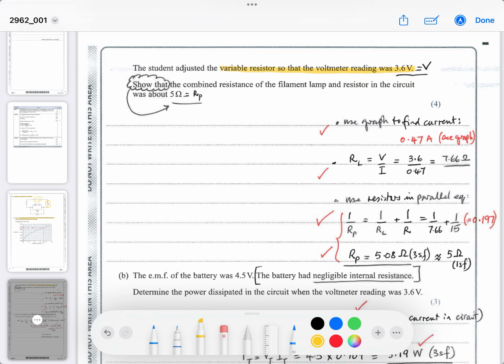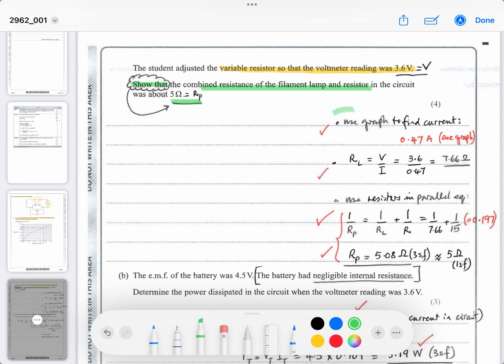Show that means you've got to prove it mathematically, so whenever it's show that, I put this bubble around it. Show that the combined resistance of the filament lamp and the resistor in the circuit, the resistors in parallel, is about 5 ohms to the nearest significant figure.